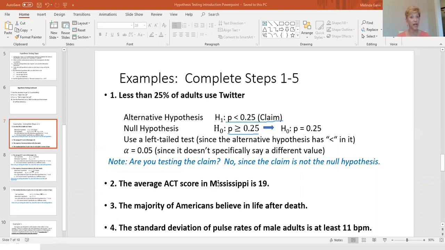Make sure you use population symbols. Then decide which one's your null and which one's your alternative. Remember, your null has equals. Then look at your alternative and decide which test you're going to run, and then write down your significance level. So freeze it and do that, and then join me, and we'll double check the others. Okay?